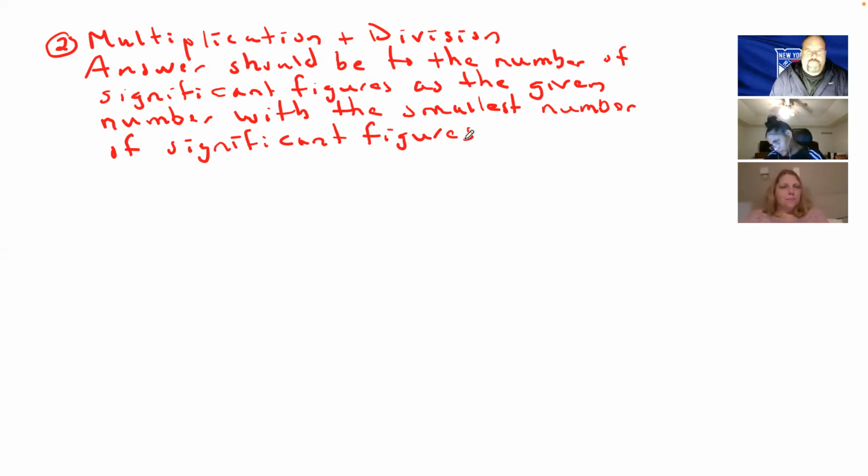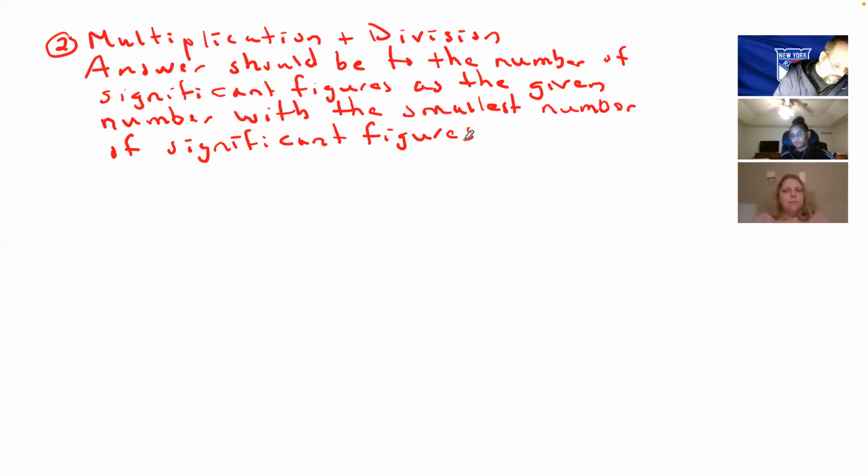So this is a little bit different, because essentially you're going to look at each number that's given, and figure out how many significant figures each given value has. Whichever one gives you the smallest number of significant figures, whether it's 1 or 2 or 3, your answer is going to have that number of significant figures.